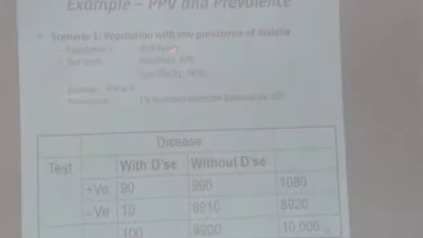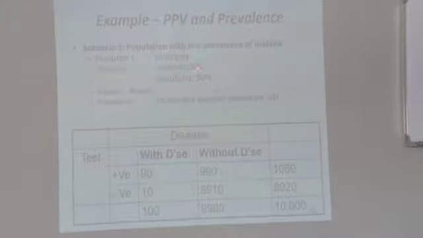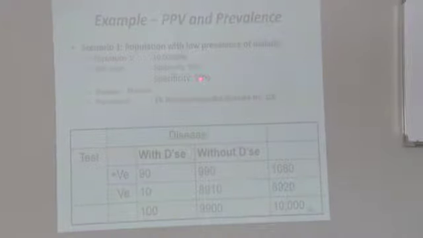Let's look at this example here. We have a population of 10,000 people. The test which we are using has a sensitivity of 90% and a specificity of 90%. The disease we are dealing with is malaria. The prevalence in this particular population is 1%. This is determined by the gold standard. So we apply the gold standard, and the gold standard tells us that the true prevalence of the disease is 1%.